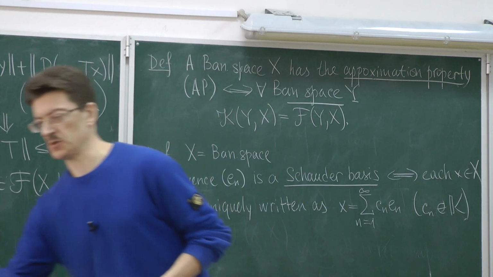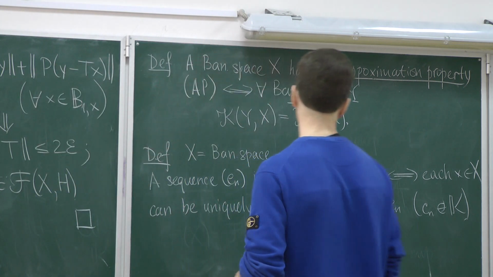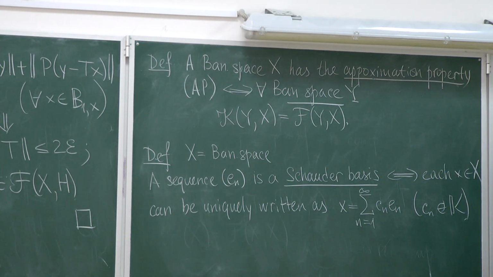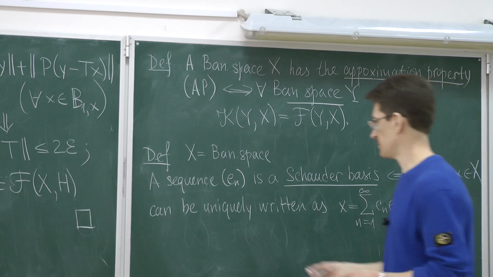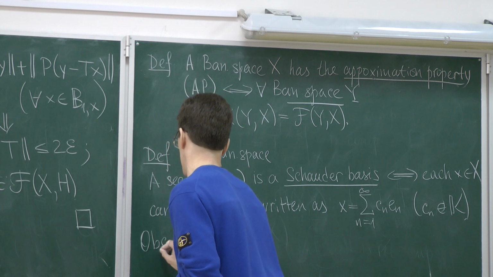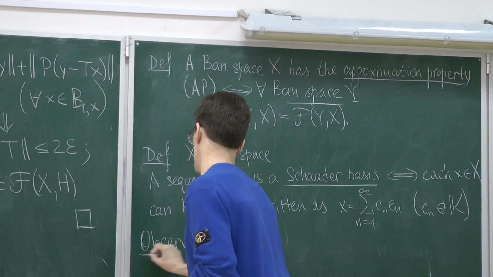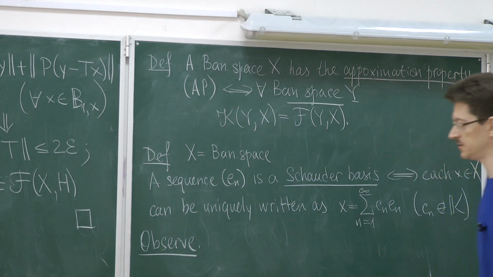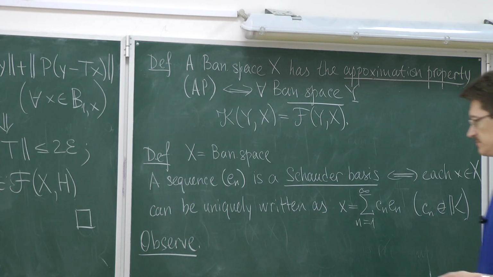This definition was introduced by Schauder, and it is very natural. The reason is that many natural Banach spaces have Schauder bases. By the way, before looking at examples, let's make a simple observation. This definition is meaningful only in the case where X is separable.